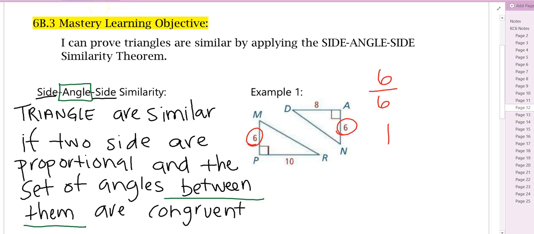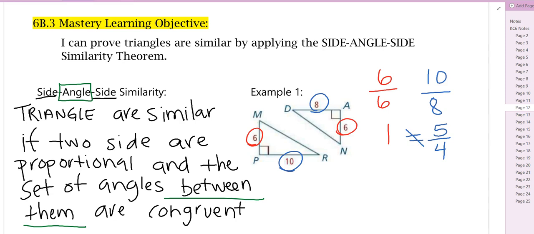I'm going to look at my other side, my big side, which is 10, and put that over the big side over here, which is 8. 10 over 8 actually simplifies to 5/4, which is not equal to 1.